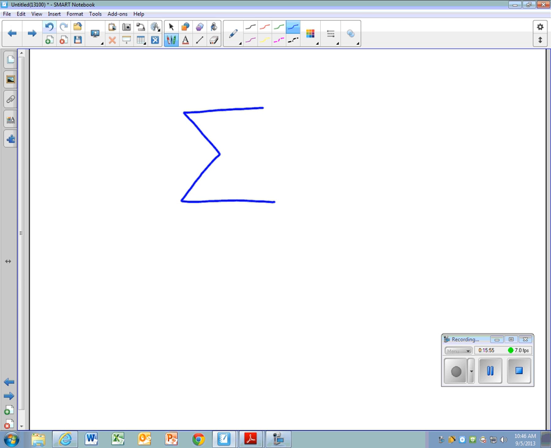That's the capital letter for S in Greek. Small letter is like that if you're in the middle of a word. If you're at the end of a word, then you write that. But that's a capital letter for S in Greek. And in mathematics, we mean the sum. It means the sum, everything added up. You maybe have seen this on Microsoft Excel. You see that button, you press it, it adds up the whole row.